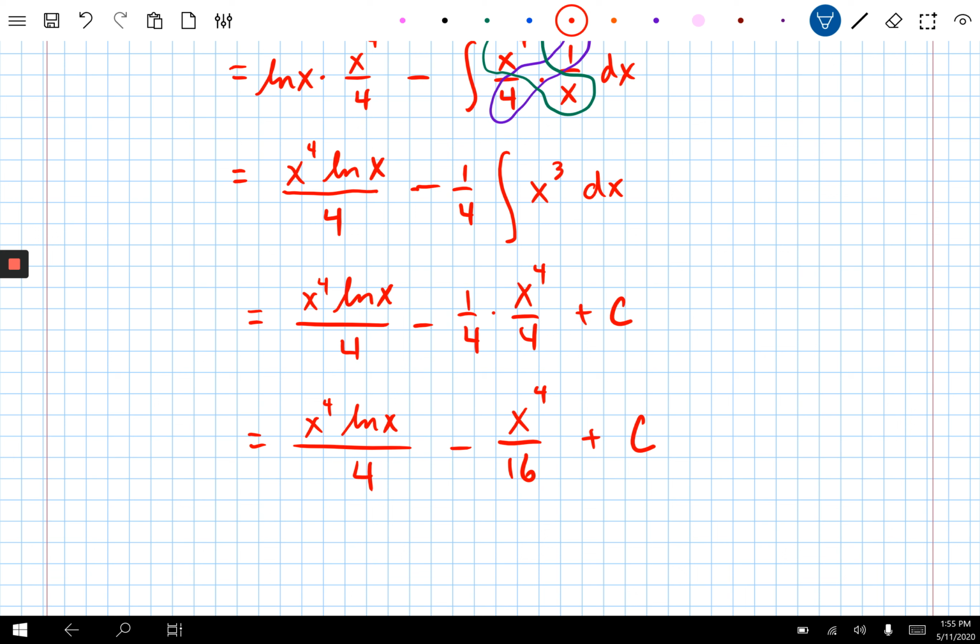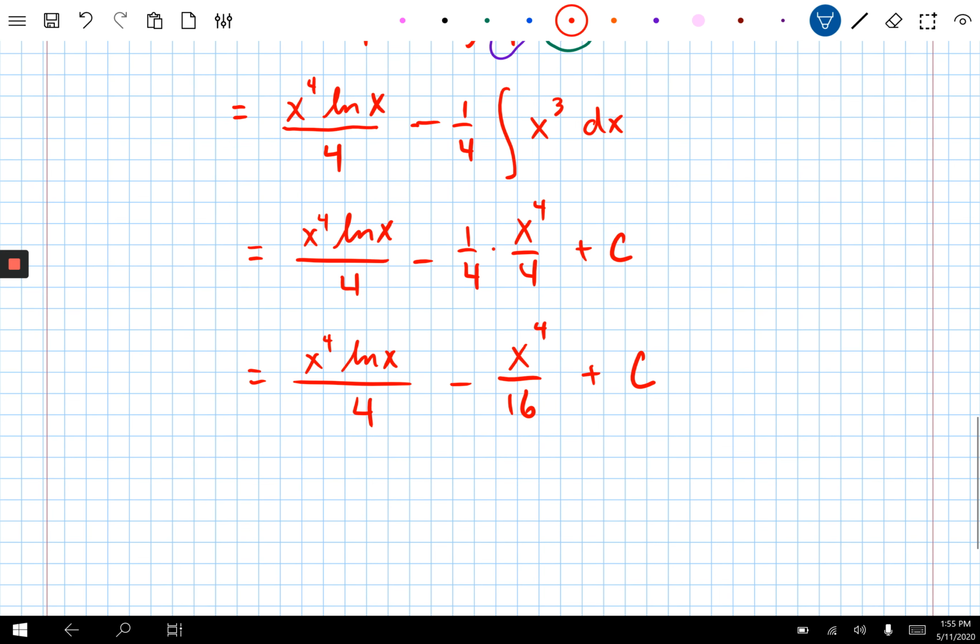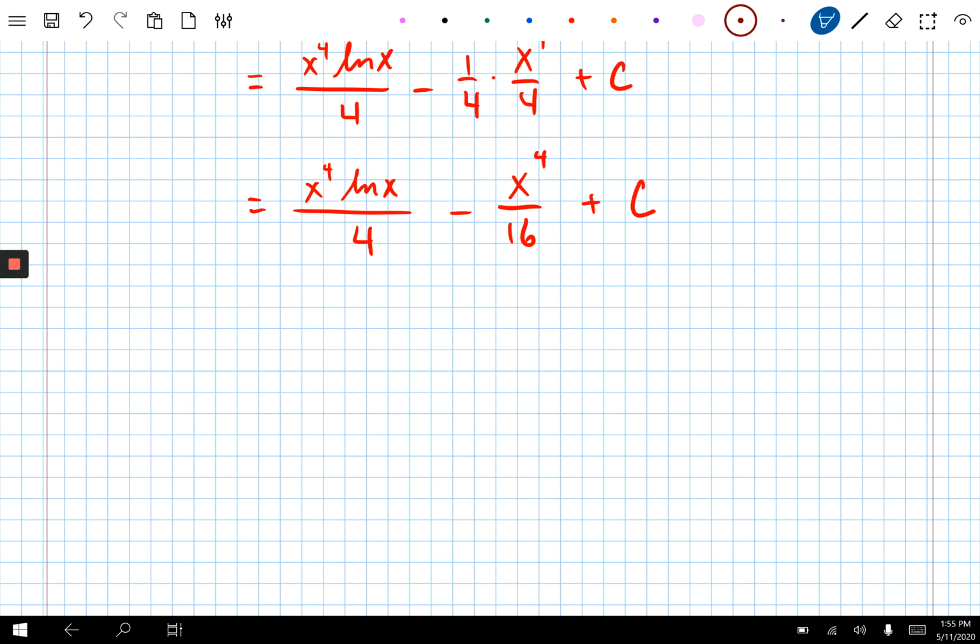All right, what if I give you something like this? You ready? So if I give you the integral of x to the 4 times the sine of x dx, you're like, okay, well, 4x to the third, the exponent's smaller, so what if we try letting u equal x to the 4?